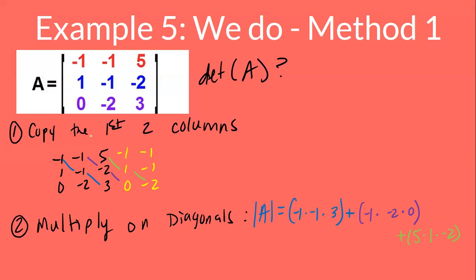Now we're going to reverse it. So what we did going this way, we're going to go the opposite way. So now we're going to go on this diagonal. So I have 3 times 1 times -1.